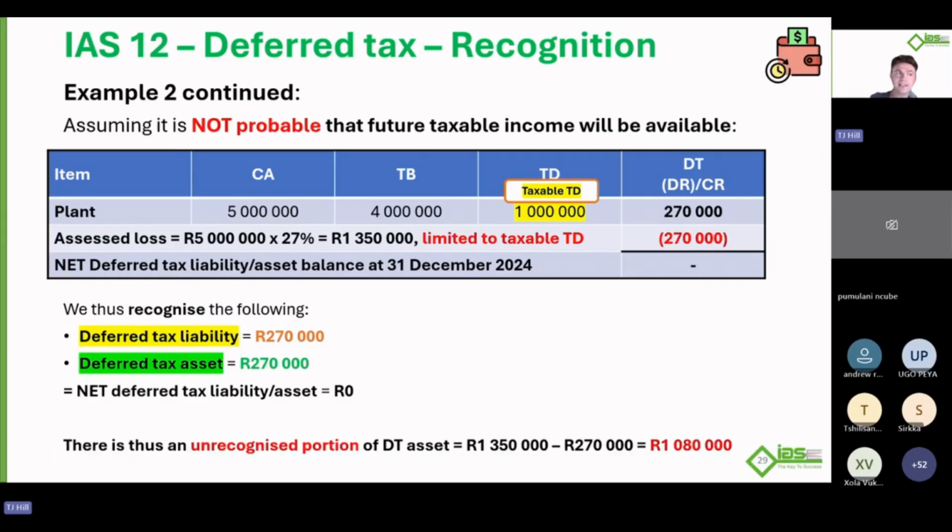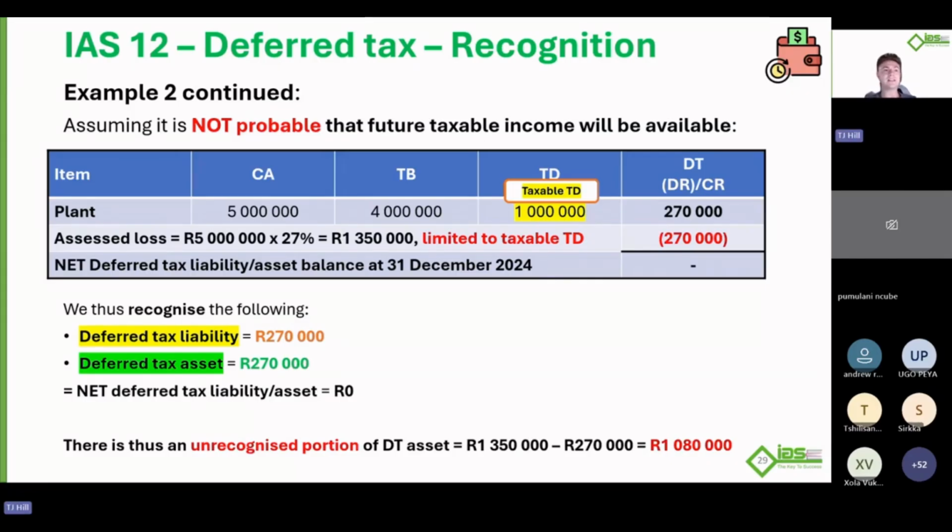So it's exactly the same scenario we had with a deductible temporary difference. A deductible temporary difference is coming from my SFP items, provisions, anything, it's not just limited to a provision. A provision is a good example of it, but sometimes even an asset can result in it if you are writing it off faster for accounting purposes than tax.